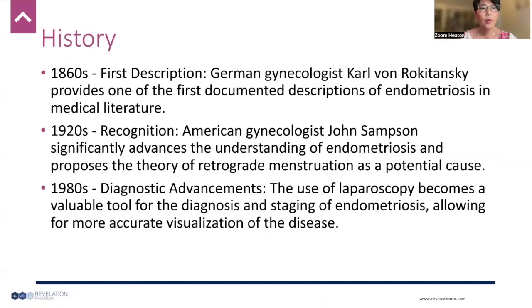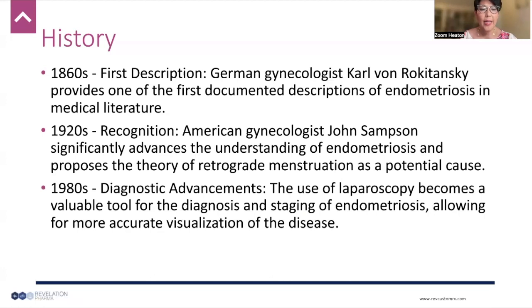Just to go through a brief history of endometriosis: in the 1860s, Karl von Rokitansky, a German gynecologist, provided one of the first documented descriptions of endometriosis in medical literature. In the 1920s, John Sampson, an American gynecologist, proposed the theory of retrograde menstruation as the potential cause.